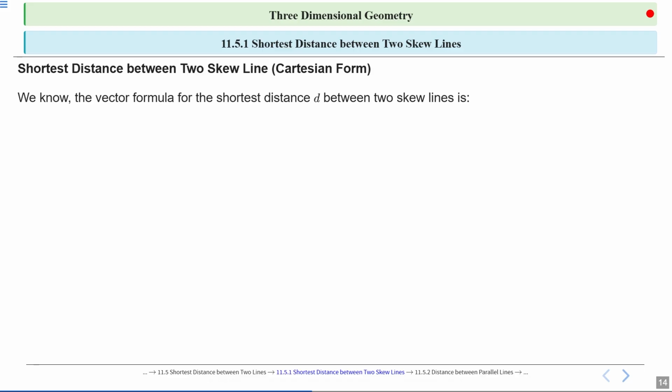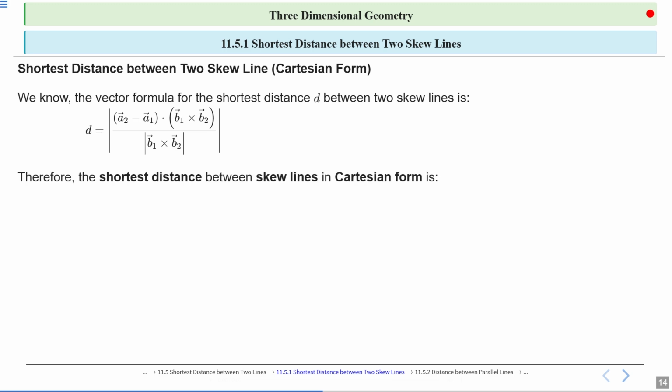So, shortest distance between two skew lines, Cartesian form. We know the vector formula for the shortest distance d between two skew lines is d equal to the magnitude of (A2 vector minus A1 vector) dot (B1 vector cross B2 vector) upon the magnitude of B1 vector cross B2 vector.